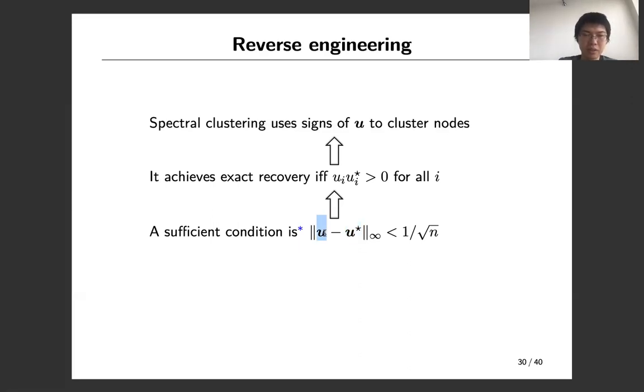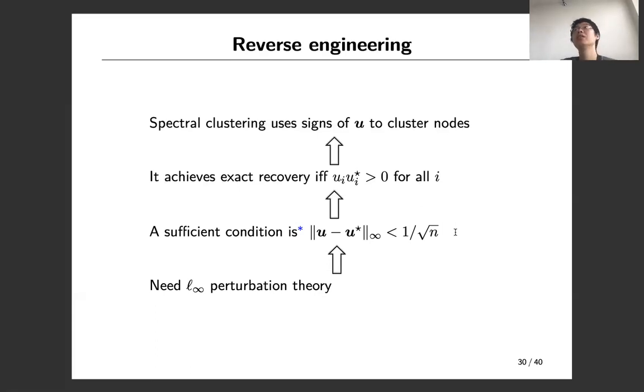So if u is not far away from u star, with distance smaller than 1 over square root n, then u must have the same sign as u star in every entry. Based on this reverse engineering, we find that what we need to showcase the exact recovery performance of spectral method in SBM is an L infinity perturbation bound on the eigenvectors.